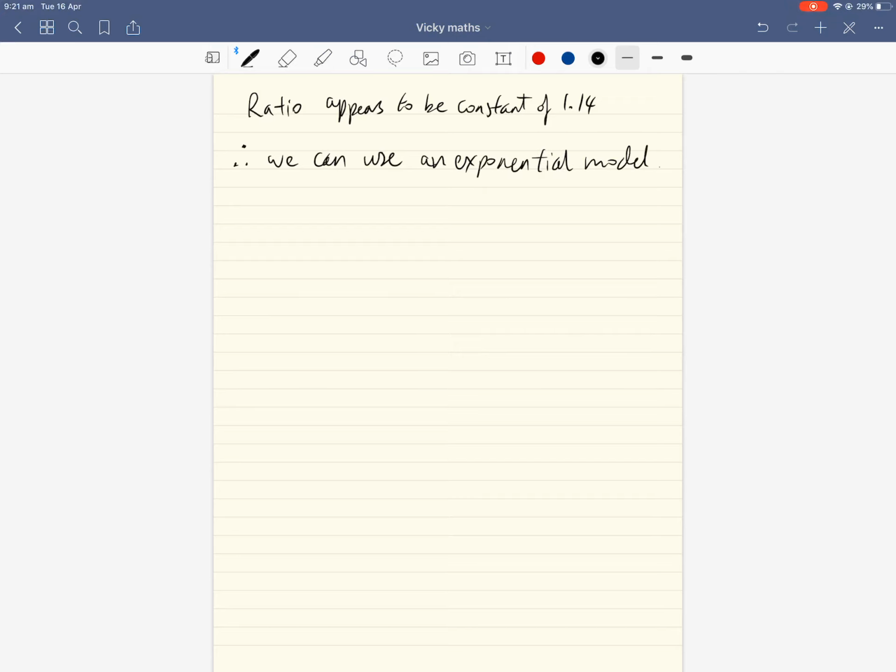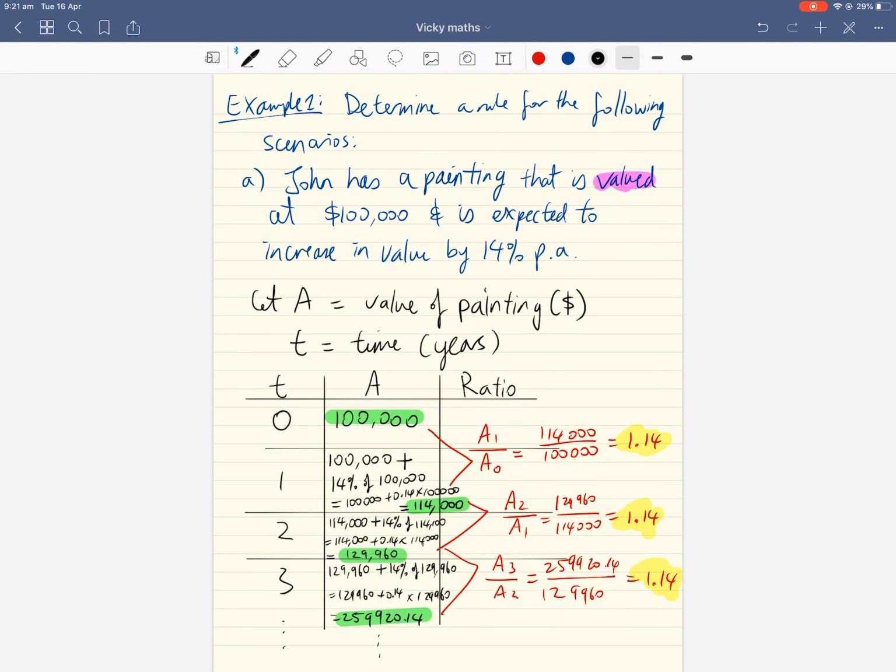Well, what's the default formula for an exponential model? It was A equals A naught times B to the T. So A is one of our variables, the cost or the amount of the painting. A naught is the initial amount. So when time was 0, how much was the painting? Well, 100,000.